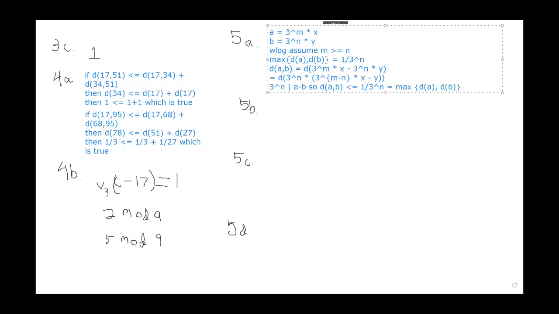Since we choose the maximum of the two sets, on the left it may be d of a or d of c. So d of a c is less than or equal to max of d of a, d of c. But on the right, it can get d of a, d of c, d of b, which gives us the last case.